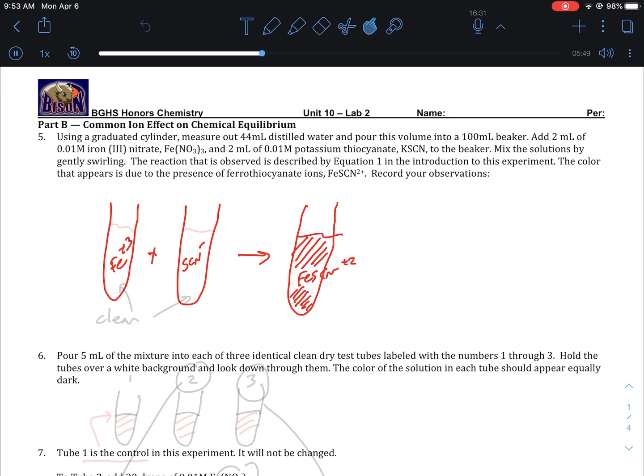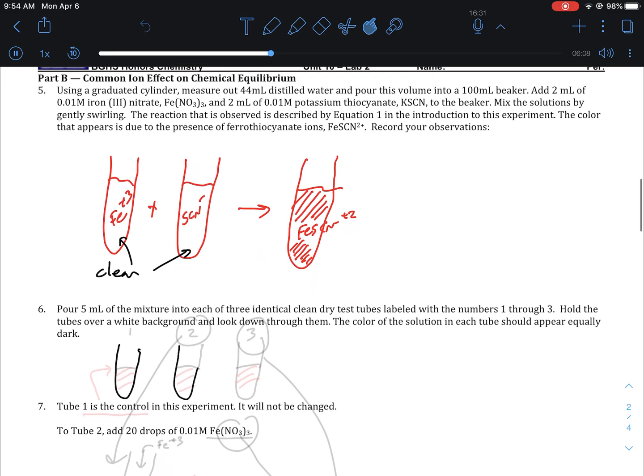Once we made that solution, by the way, each of these when we started out were clear at the beginning. All right, so then we took our colored solution and we poured some into 3 different tubes.